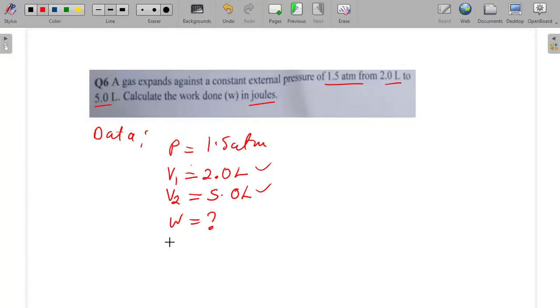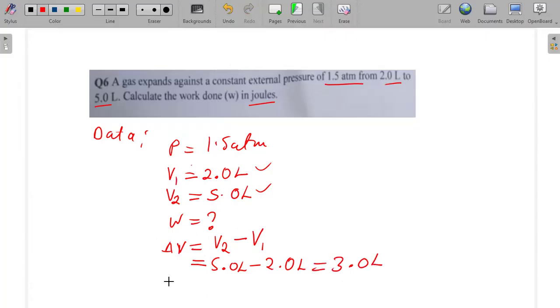And we know for change in volume, ΔV will be equal to our V2, or the final volume, minus the V1, or the initial volume, isn't it? So this will be equal to the final volume being 5.0 liters minus the initial volume being 2.0 liters. Okay, so there the answer is going to be 3.0 liters.